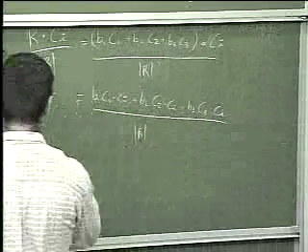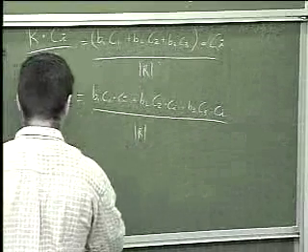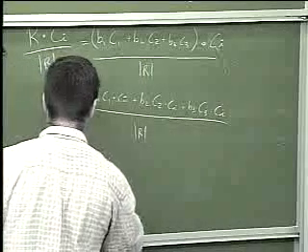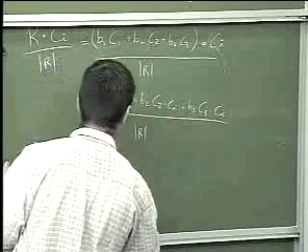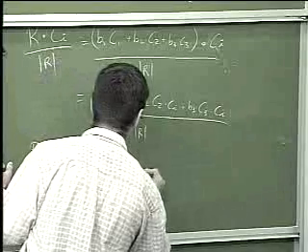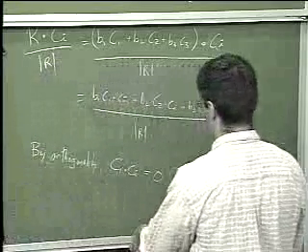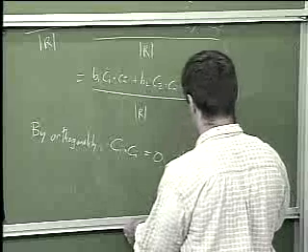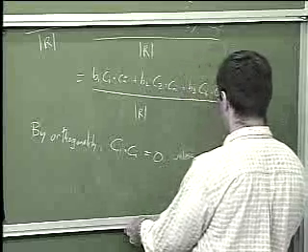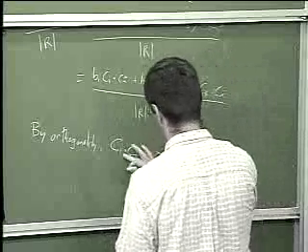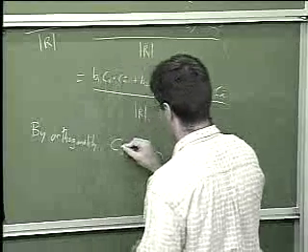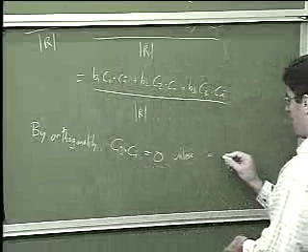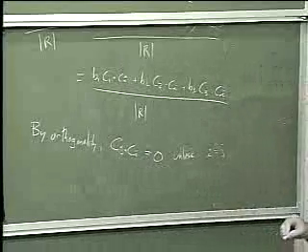And by orthogonality, Cj dot Ci equals 0 unless i equals j.